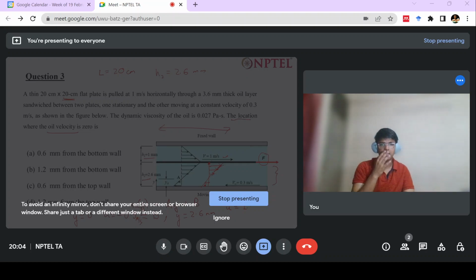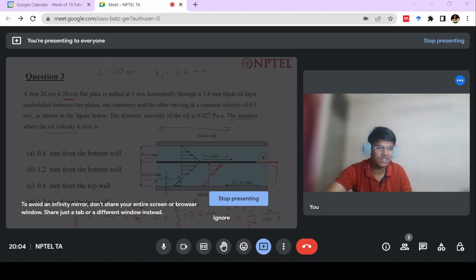From here I can find a. This a will be 1 by 2.6, in meters per second per millimeter.